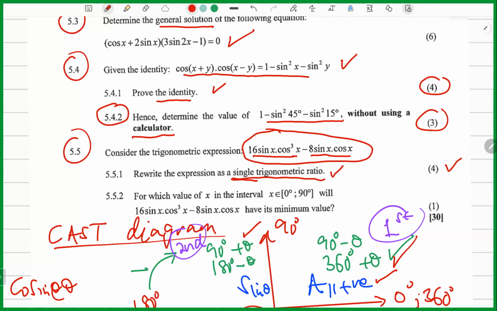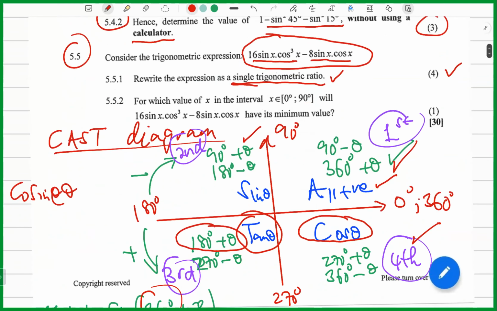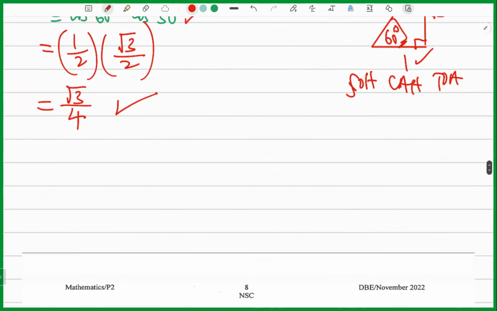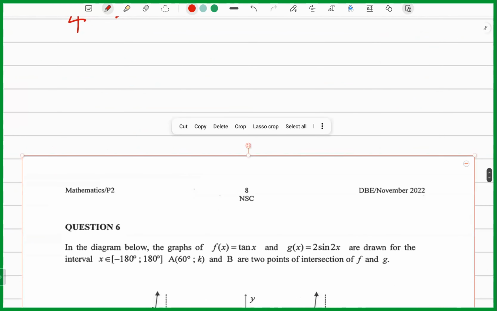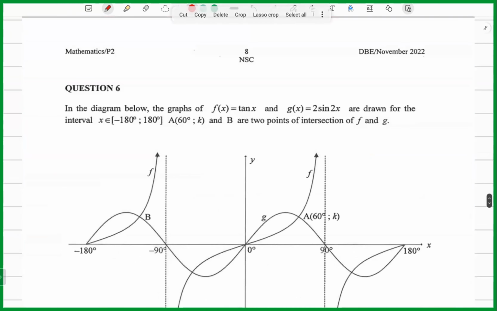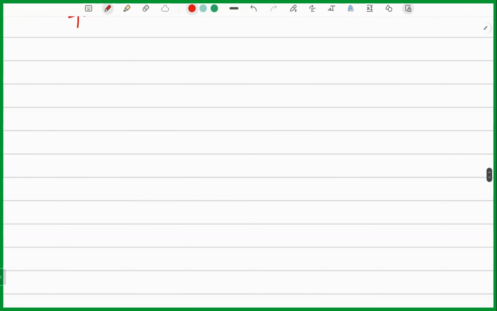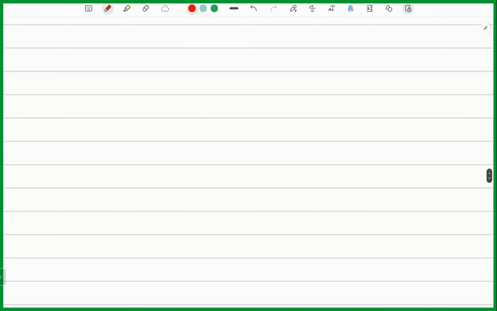Okay, let's proceed. It's an interesting journey, because that is what the examiners want to give you. They want to give you a distinction so that you can go to varsity and do medicine and do the kinds of things you want to do. But remember that university has one rule, that you must pass your math.